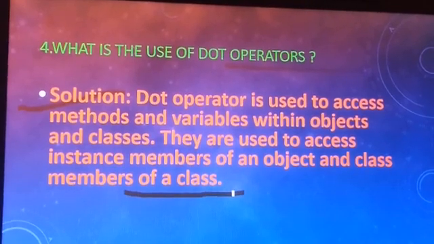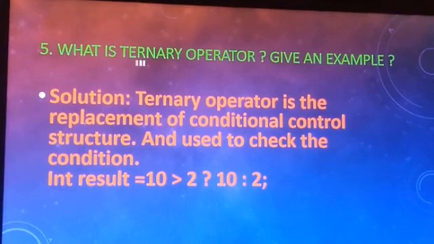Fifth question is, what is the ternary operator? Give an example. Solution: the ternary operator is a replacement of the conditional control structure and is used to check a condition. int result = 10 > 2 ? 10 : 2.